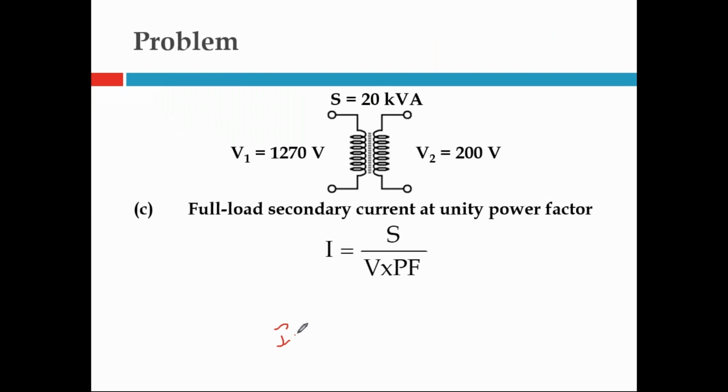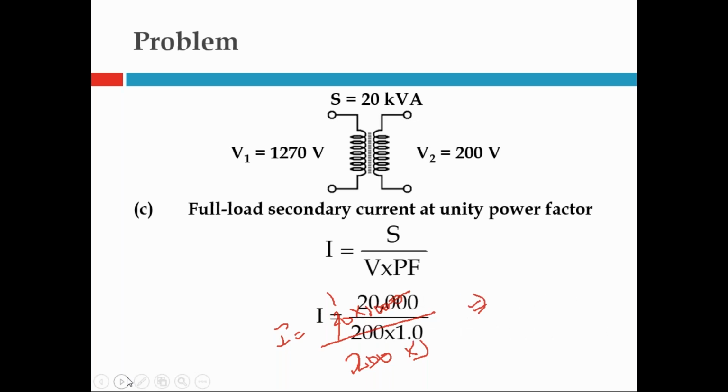The 2 get cancelled, and what is the answer for current? 100 amperes. Right, so this is the answer here.